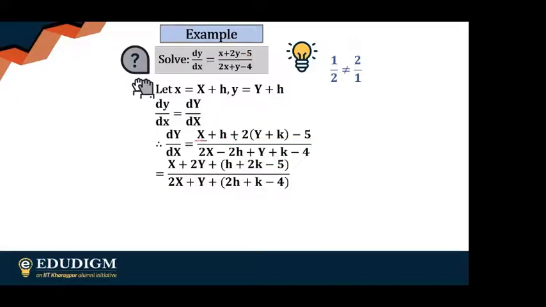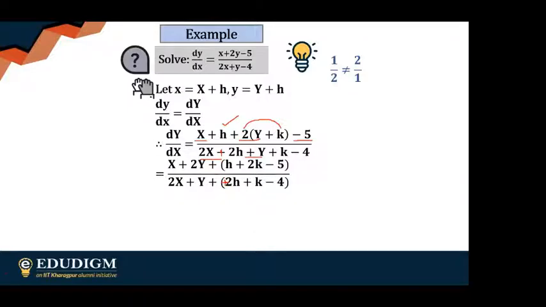This is x plus 2y. So what is the constant part? The constant part is h plus 2k minus 5. And here, this is 2x plus y. The constant is minus 2h plus k minus 4. Sorry, this will be plus.